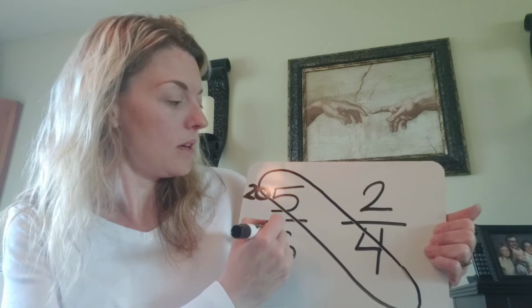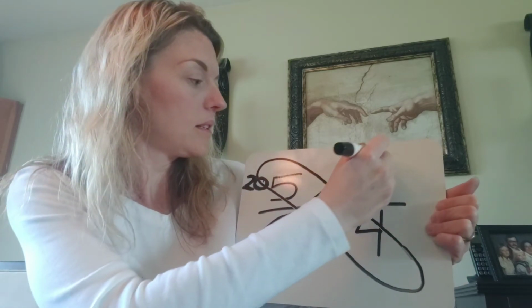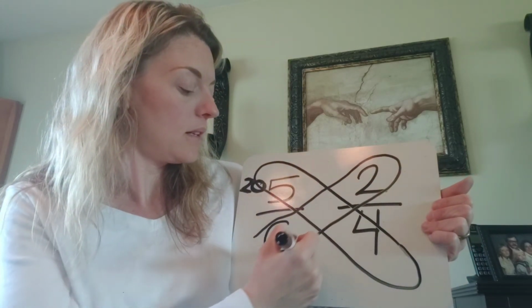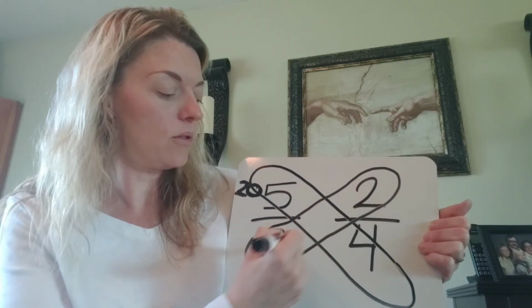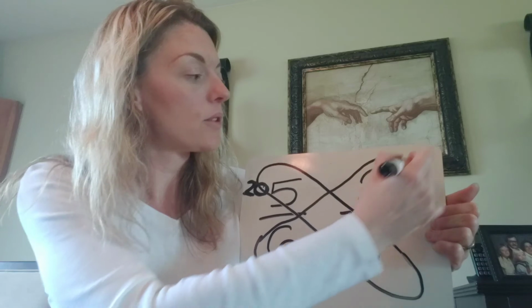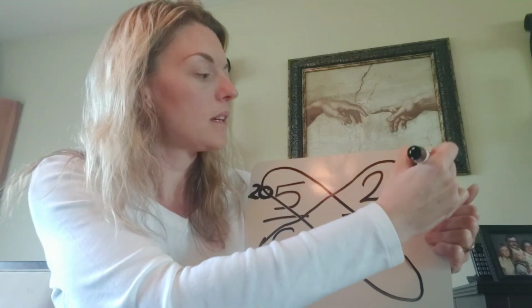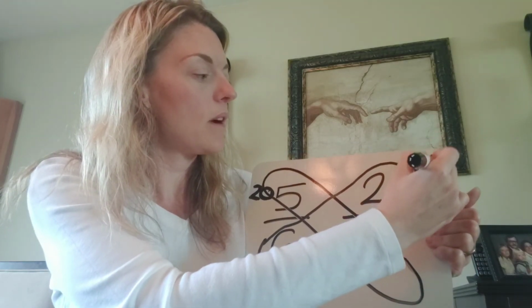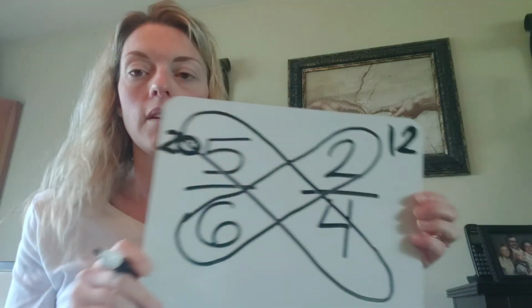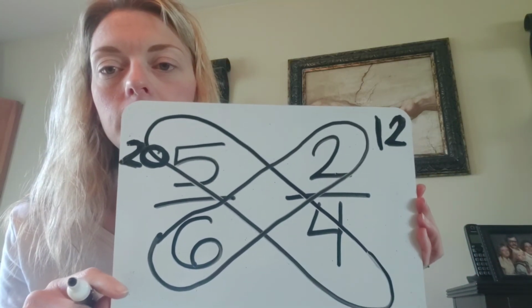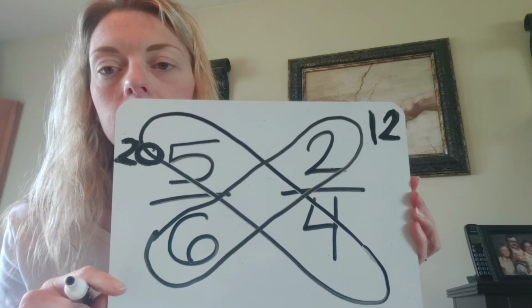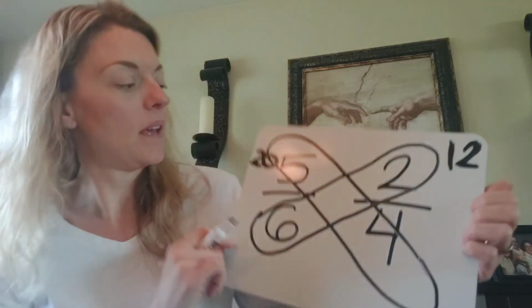Here's my next wing. 6 times 2. Put your product right up there so you don't forget it. 6 times 2 is 12, right? Okay. See that? Here's our butterfly.